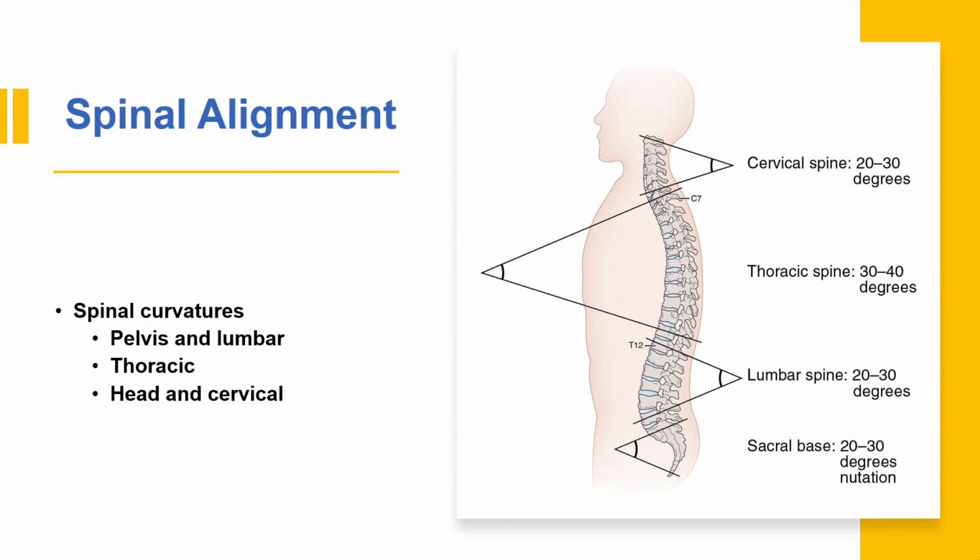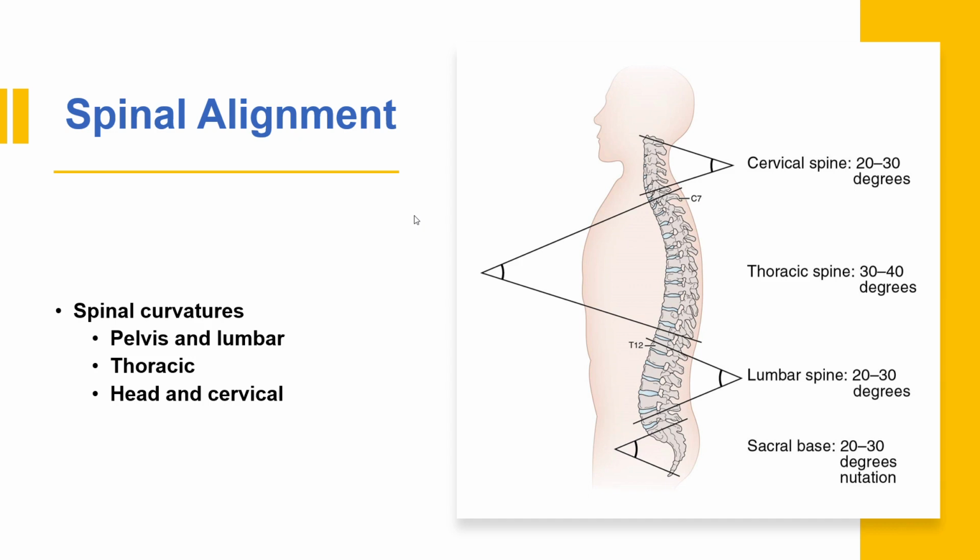Now, if we look at the spinal alignment, you can see the various regions of the spine. So your cervical, thoracic, lumbar, and sacral vertebrae from superior to inferior, and the natural curvatures that are present.